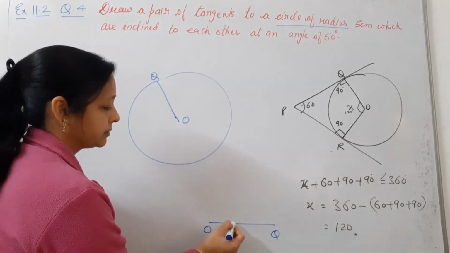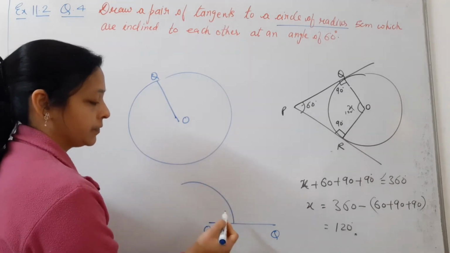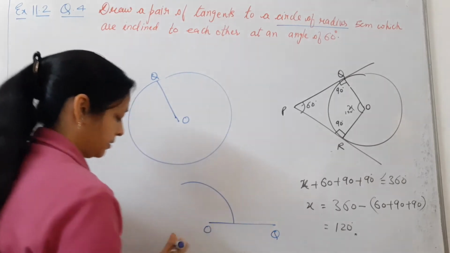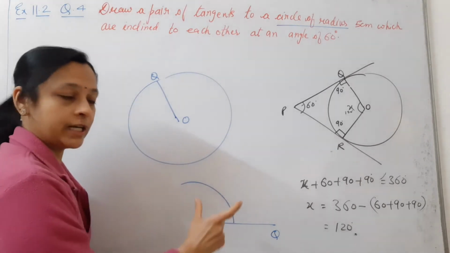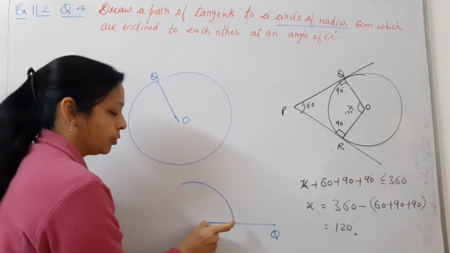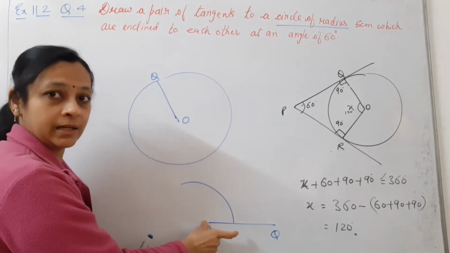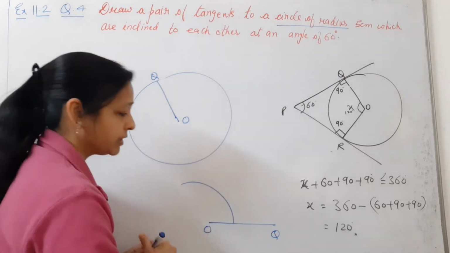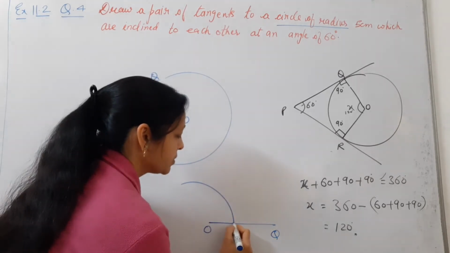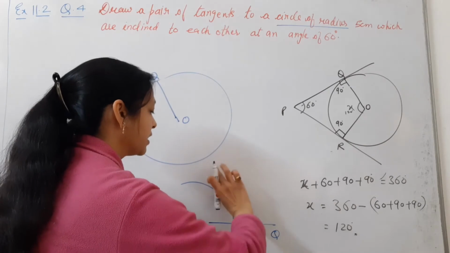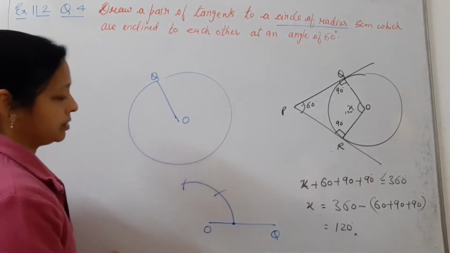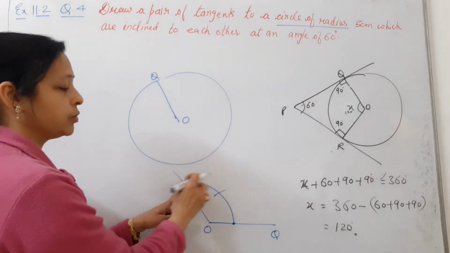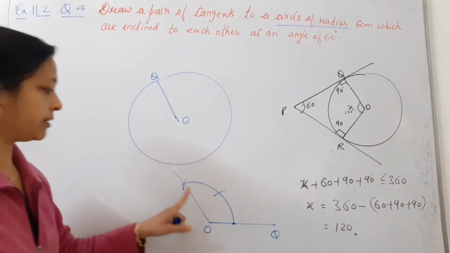You take an arc of any radius, with center O, placing the compass needle at O. From this point draw an arc with the same radius, and again with the same radius draw another arc. If you join this point of intersection and O, you will get this angle as 120 degrees, right?